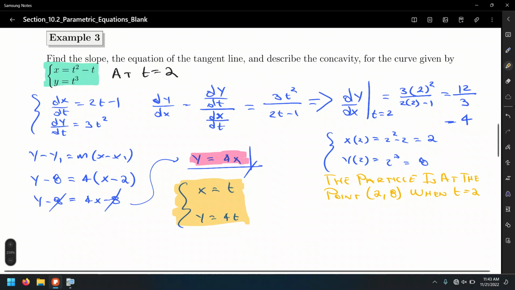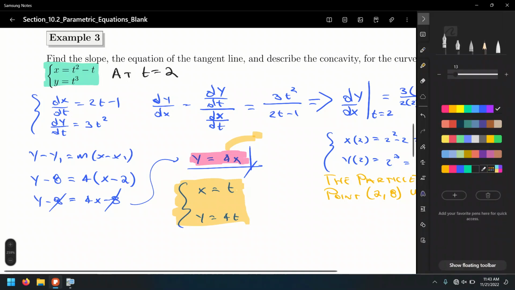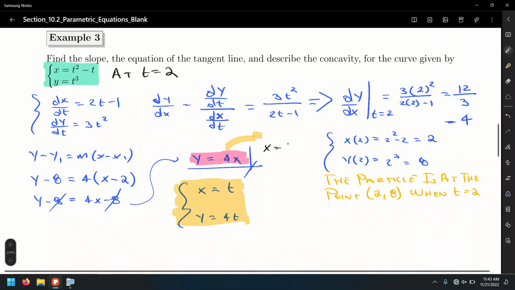Maybe there are other graphing utilities online that may do that for you, but in that case you would also have to define this as a function of y, that is x equals 1/4 y. But let's keep it simple to only functions of x.